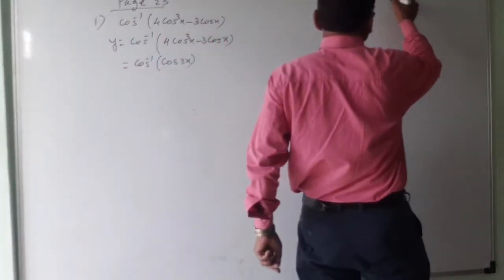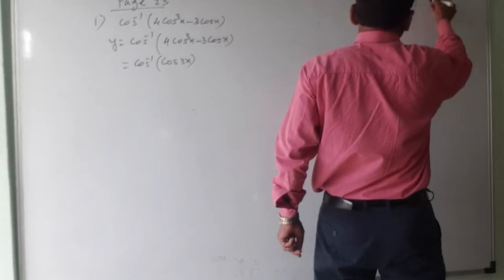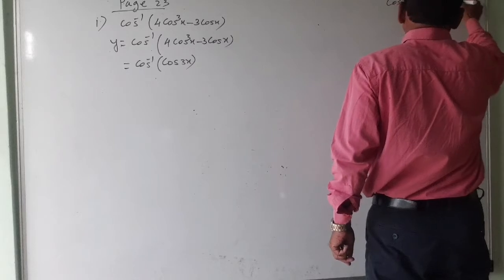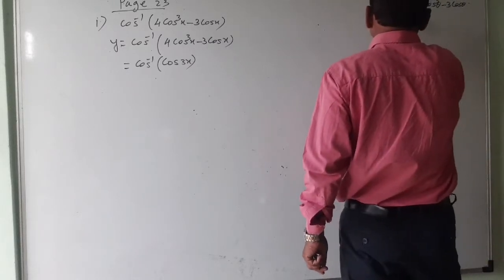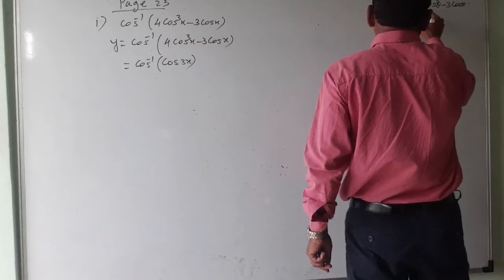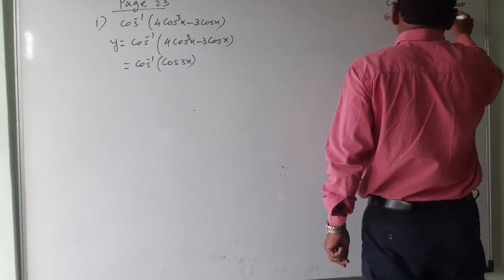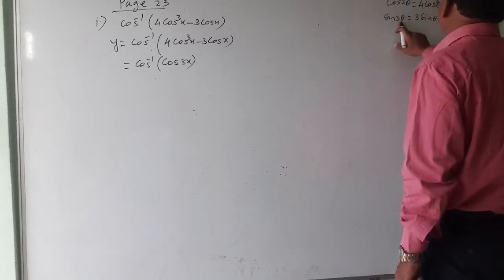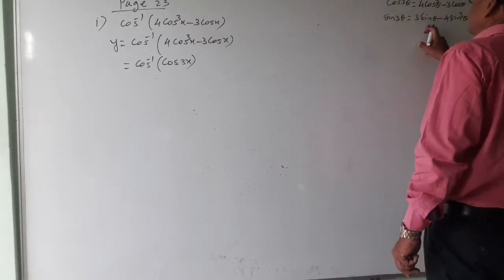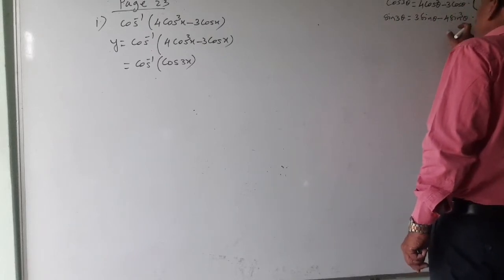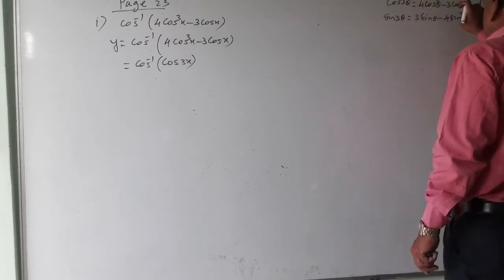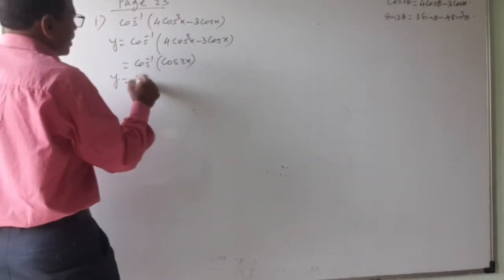See this formula, cos 3 theta is equal to 4 cos cube theta minus 3 cos theta, and sin 3 theta is equal to 3 sin theta minus 4 sin cube theta. How to remember these two formulas? Sin 3 theta: 3 sin theta, and minus 4 sin cube. For cos, just invert it. As it is cos, write only cos.